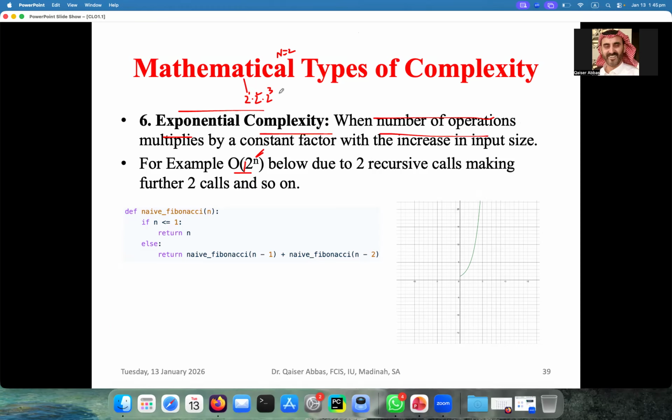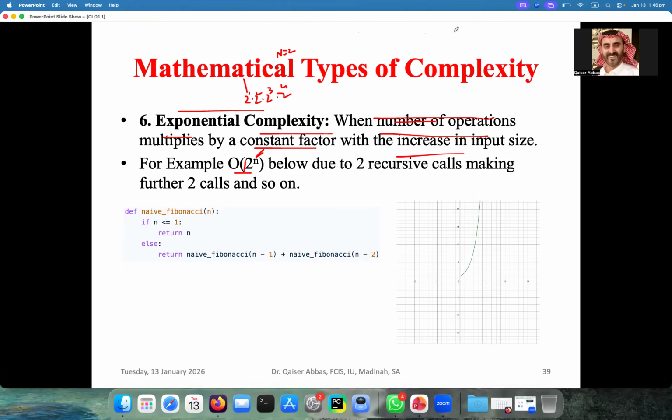If you increase the size of the input to 4, it becomes 16, double from 8. Now you understand the behavior. So when the number of operations multiplies by a constant factor with the increase in input, such an algorithm has exponential complexity.